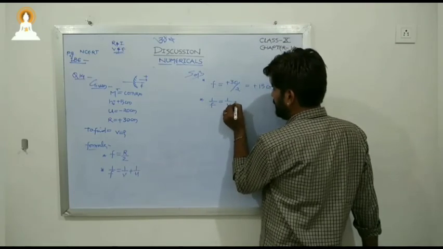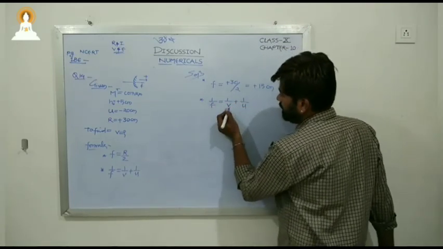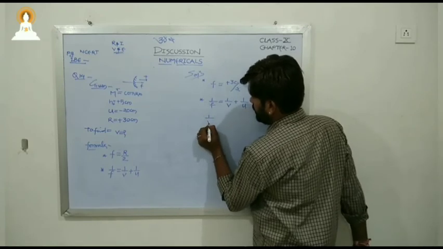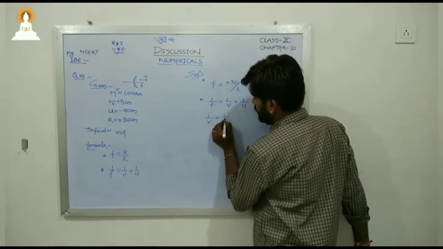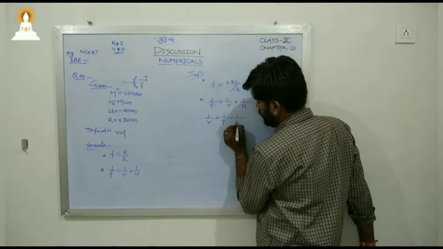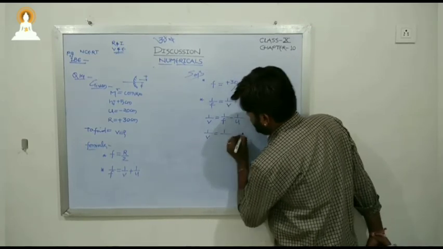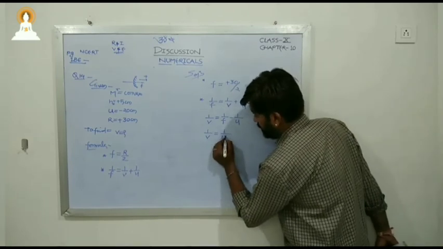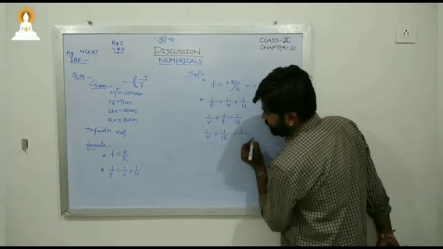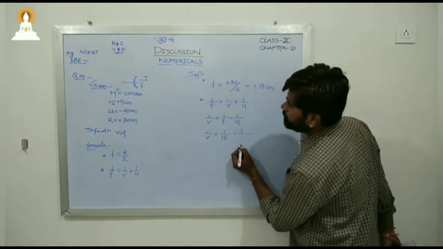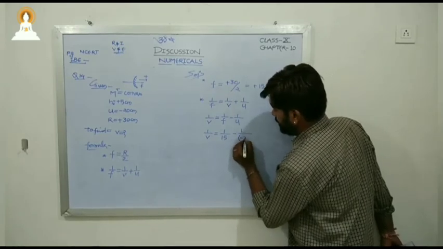Then second one, 1 upon f is equals to 1 upon v plus 1 upon u. We need to find out 1 upon v, so 1 upon v will be equals to 1 upon f minus 1 upon u. So 1 upon v is nothing but 1 upon 15 minus 1 upon u. u is minus 20.